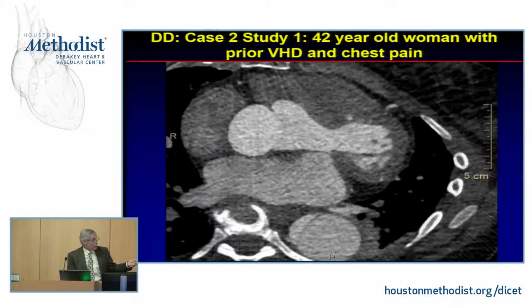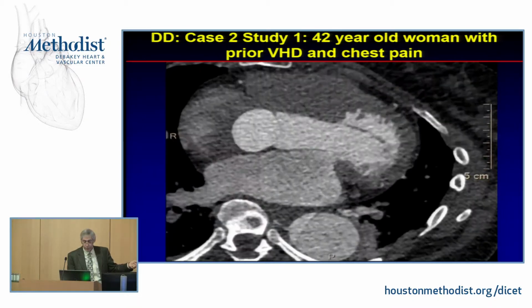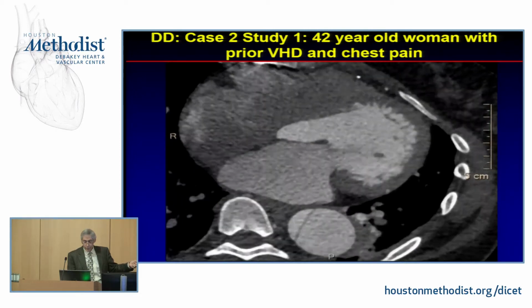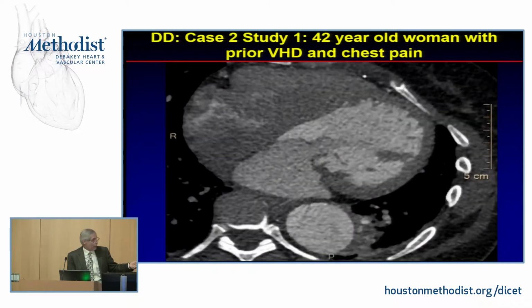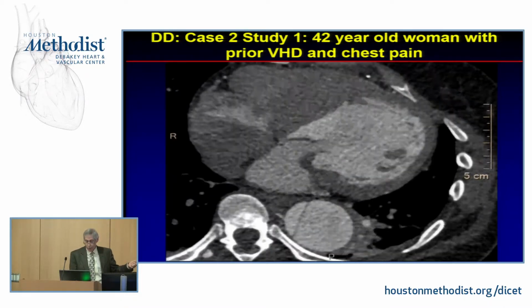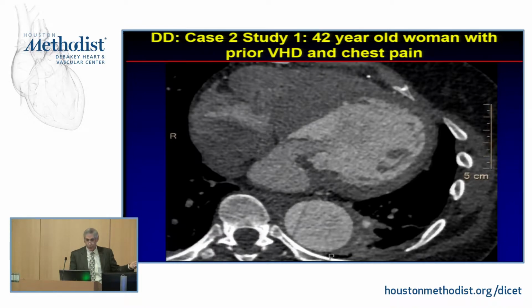And just moving down, this is the LVOT here. This is the left ventricle down here, left atrium here. Mitral valve here. This is diastole, the valve is open. So, do you need to see any more of that? I think it's pretty well seen.